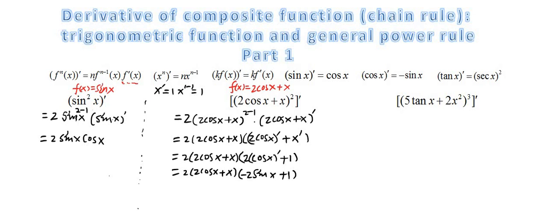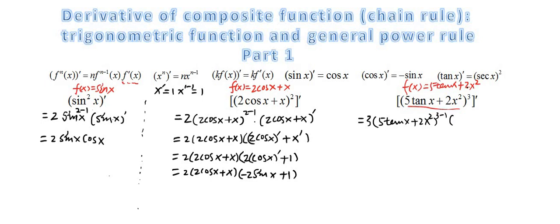Okay. Now let's take a look at the last example. For the last example, we can tell what is f(x). f(x) is 5 tangent x plus 2x squared. Okay, now let's follow this general power rule. And here n equals 3. So we have (5 tangent x plus 2x squared) with 3 minus 1.